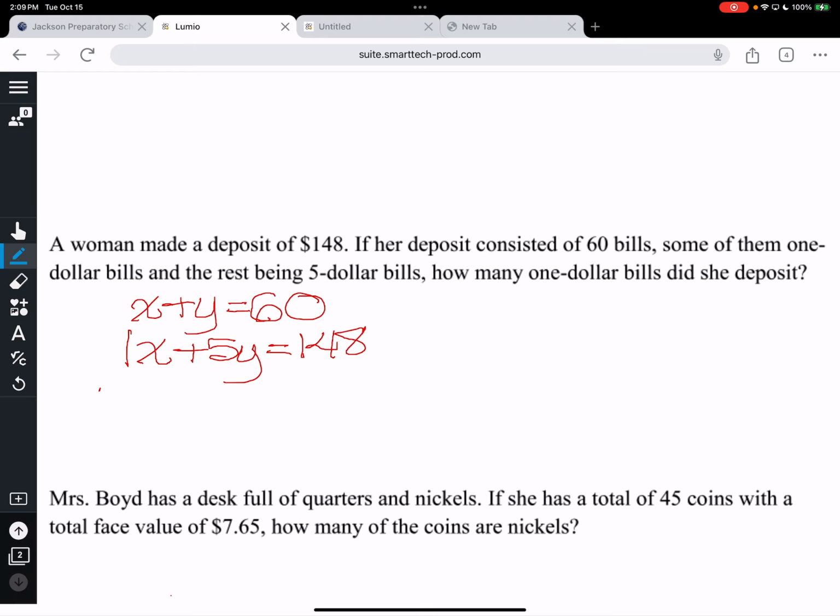So y equals negative 1x plus 60, so you can put it in. I'm just going to do x equals 60 minus y. So then I have 60 minus y, whoops, except not minus x, plus 5y.